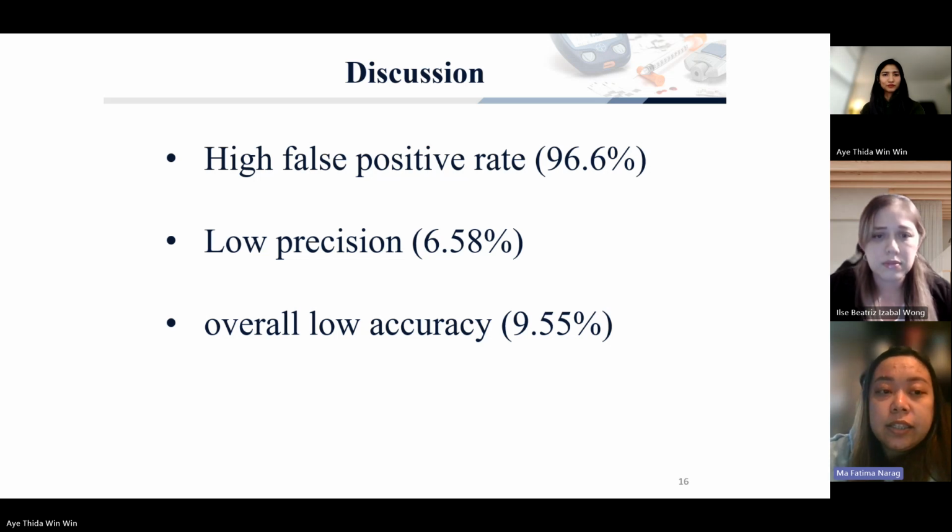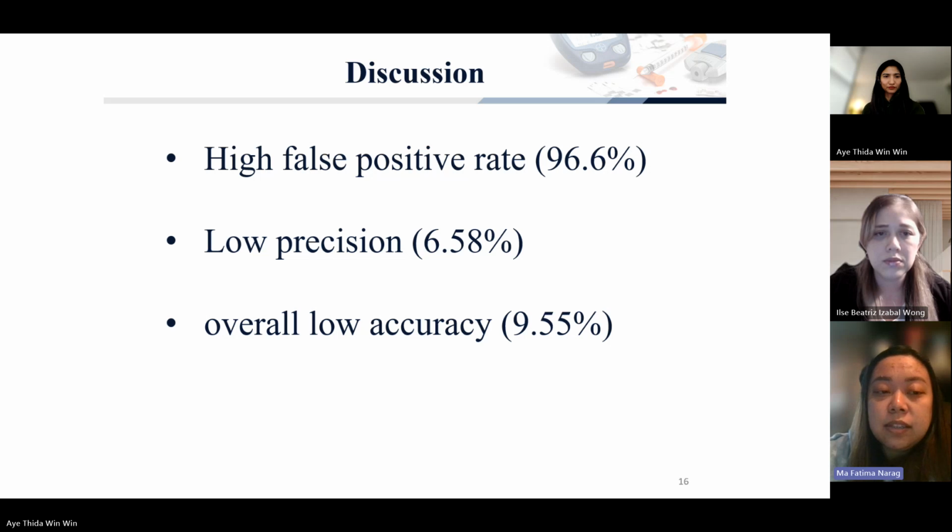However, despite the strengths, the model suffers from a high false positive rate of 96.6%, leading to a low precision of 6.58 percent and a low accuracy of 9.55.